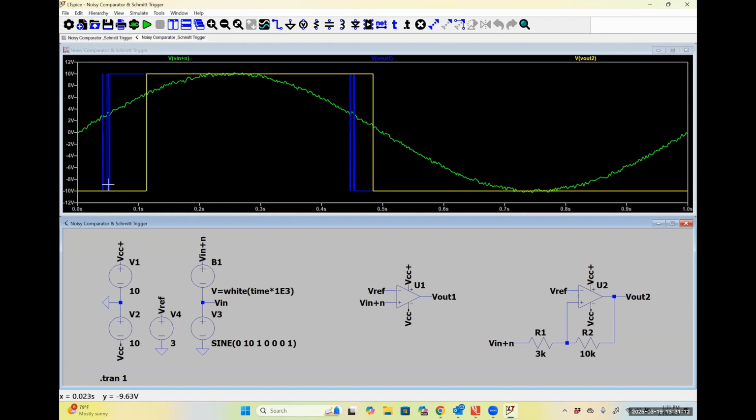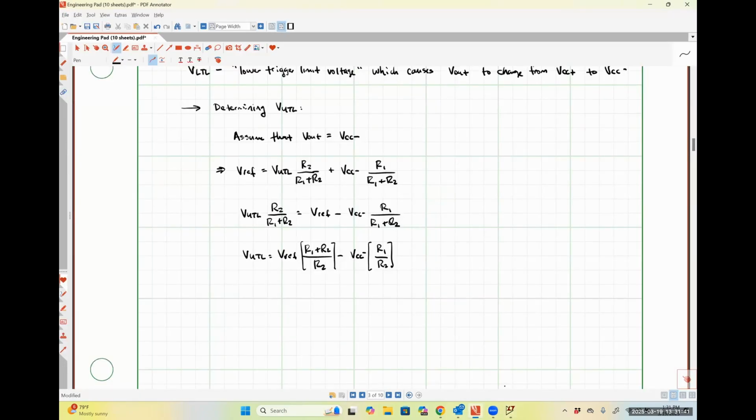So my output is low until my input signal gets somewhere between 6 and 8, and then it swings high. In this particular case, my resistance R2 is 10 kiloohms, and my resistance R1 is 3 kiloohms. VCC plus is 10 volts, and VCC minus is negative 10 volts. So let's see what value we calculate here.